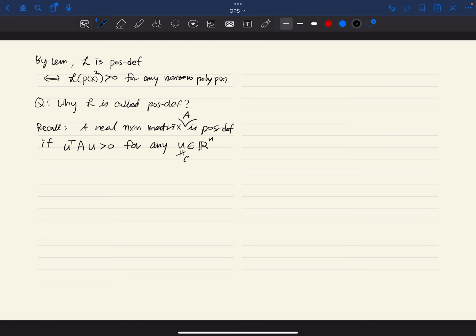Okay, this is the definition of positive definite, the usual definition in linear algebra.